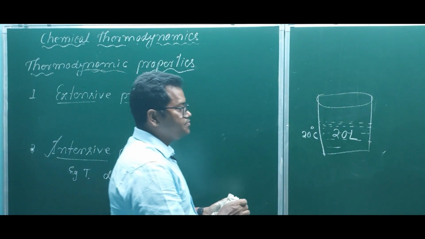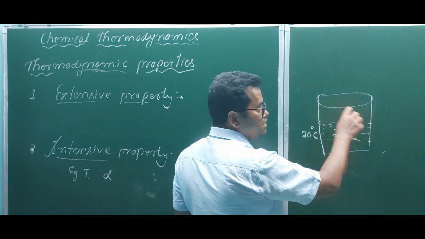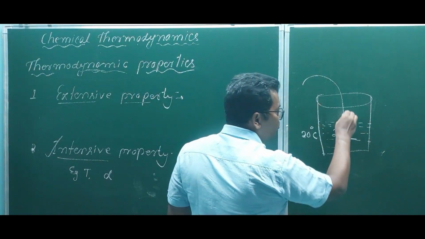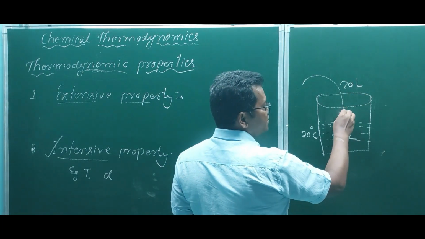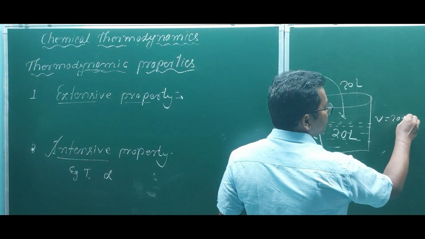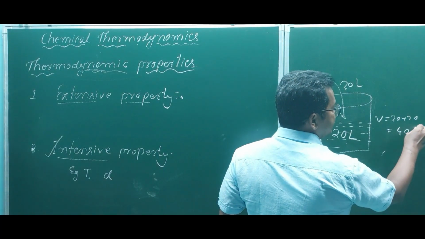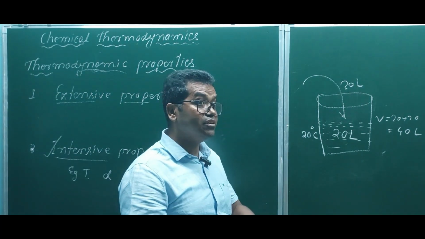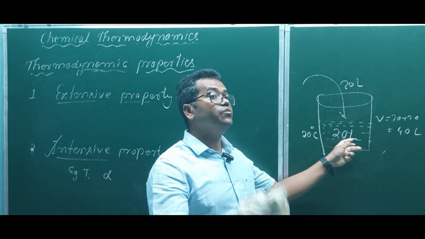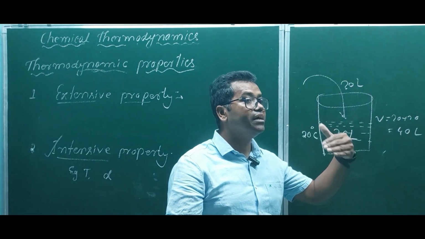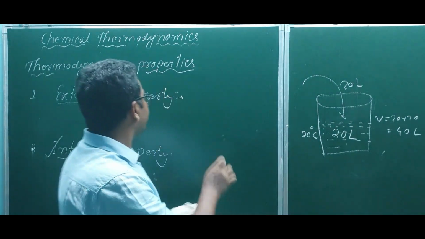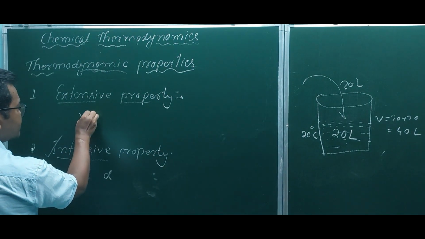For example, what is the volume of water here? 20 liter. Now add 20 more liter of water. The volume now becomes 20 plus 20 equals 40 liter. So volume depends on the amount of matter, and volume is an extensive property.